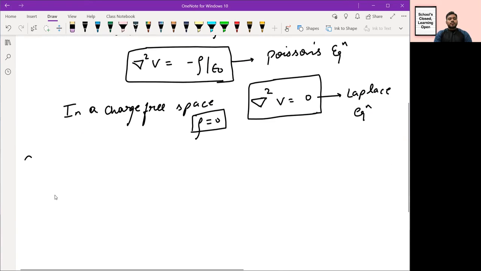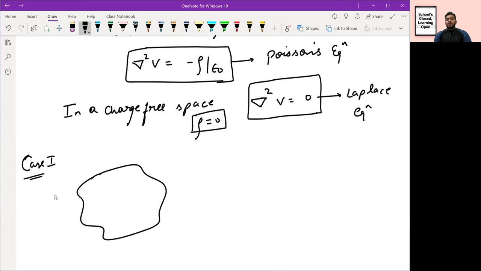Case one is, let's say we have a closed surface, and we already know a closed surface encloses a volume, correct? This closed surface does not have any charge density of any kind inside it, right?